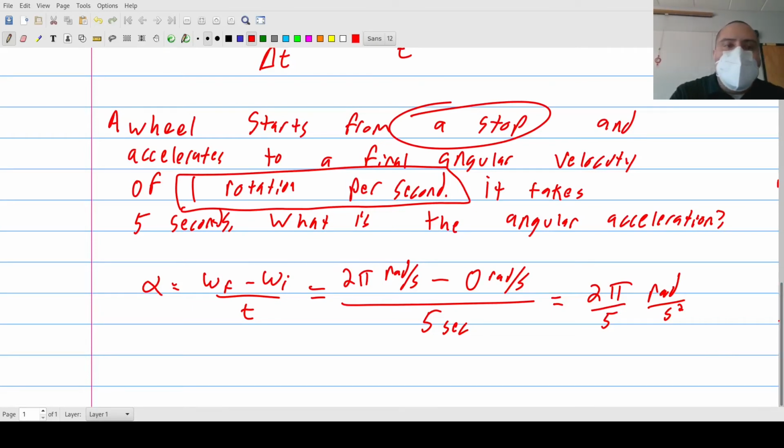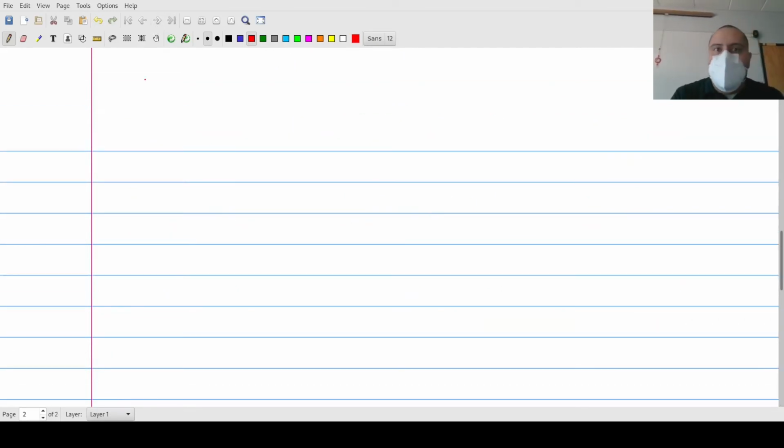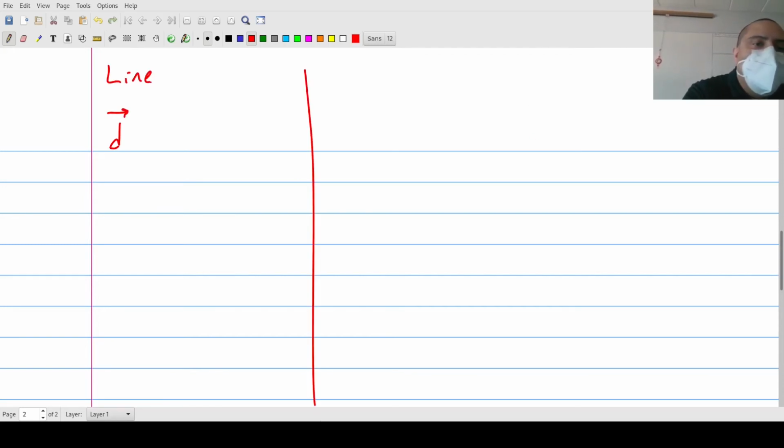So you're probably starting to see a lot of similarities between our regular ideas of linear velocity and acceleration, and our angular system of velocity and acceleration. In fact, there's a lot more parallels than you think. Remember, we have d for displacement. Over here, this is linear, and this is angular. We have theta to represent angular displacement.